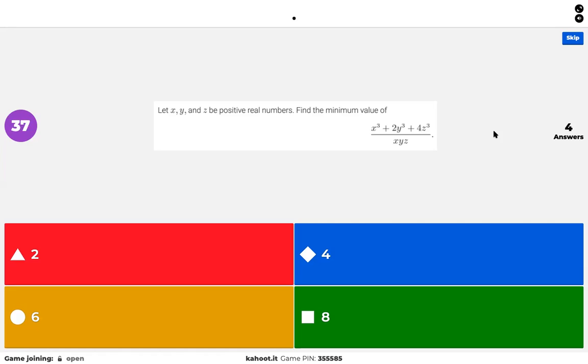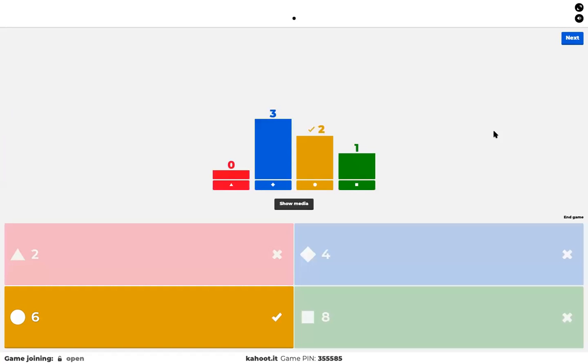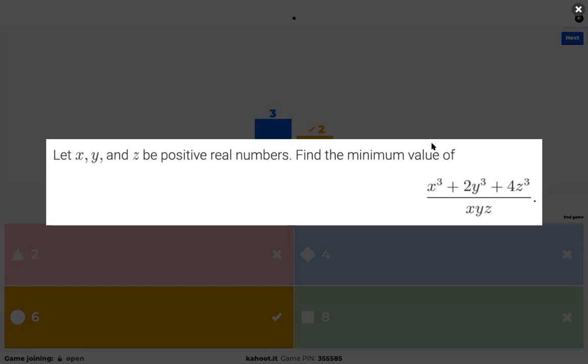This one is also AMGM. Okay. Did anyone solve it with AMGM, or did you guys have any other solution methods?